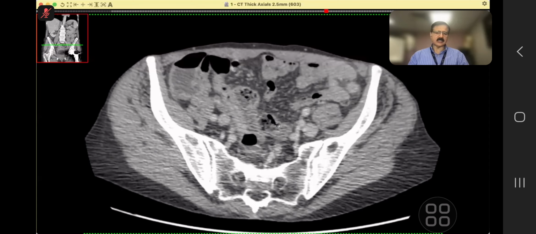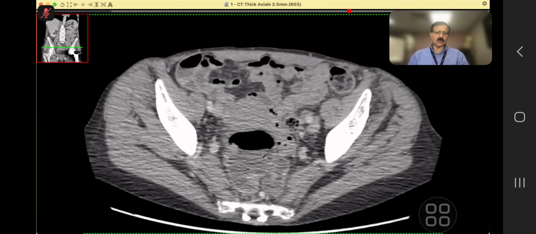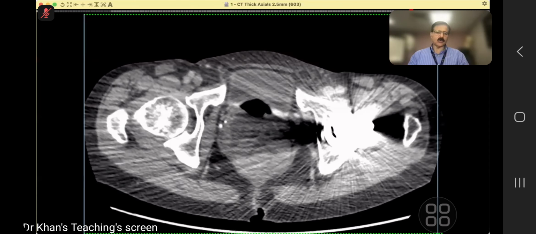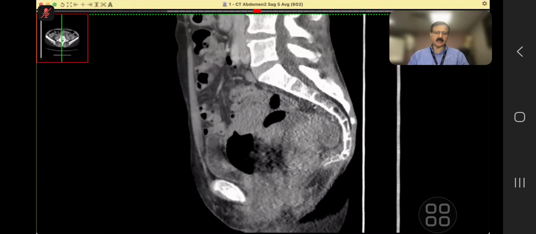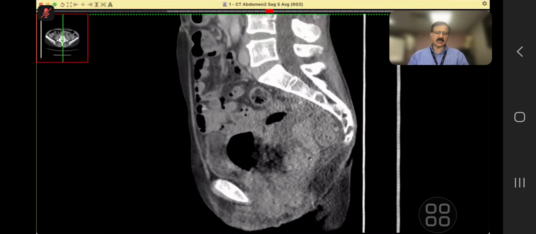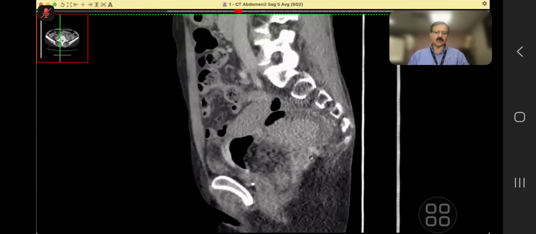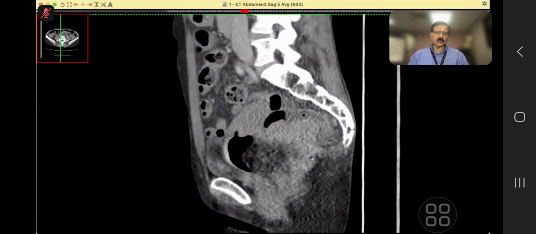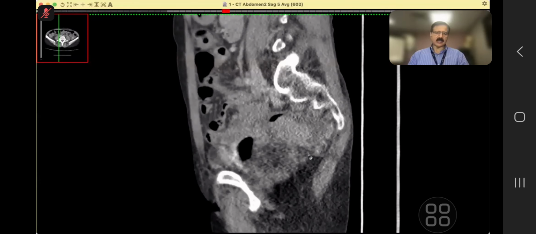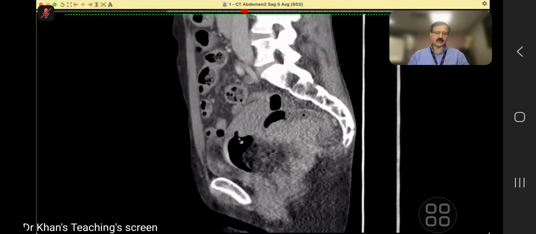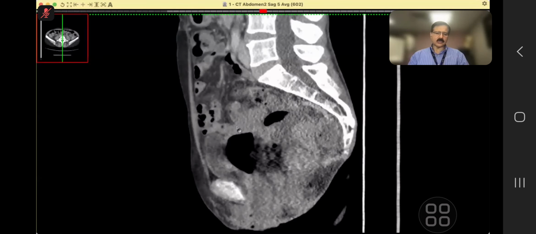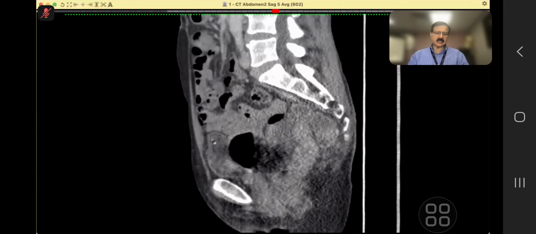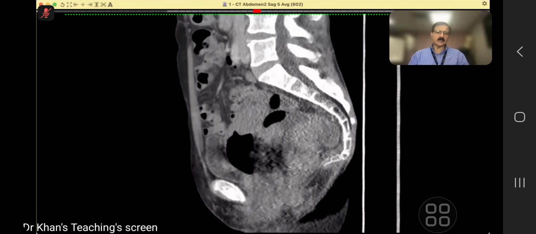an axial CT scan. So if we go to the sagittal, here the mass is sitting here, but overall, nobody is expecting you to pick up everything. Having said that, this is the vagina, which has got air. Superior to that, this is the uterus, and this is the urinary bladder.